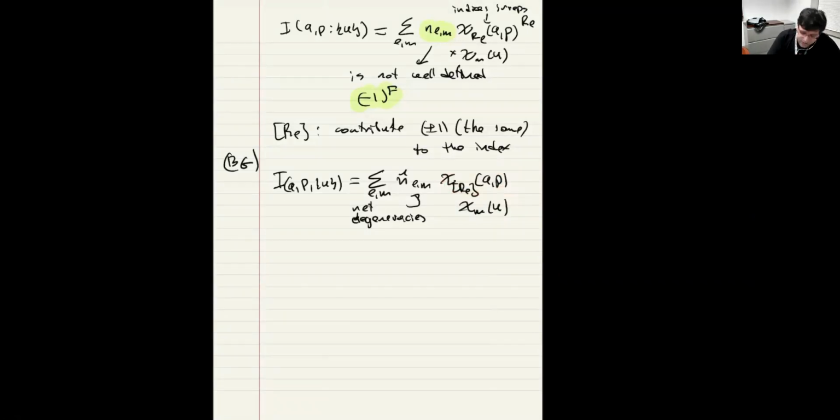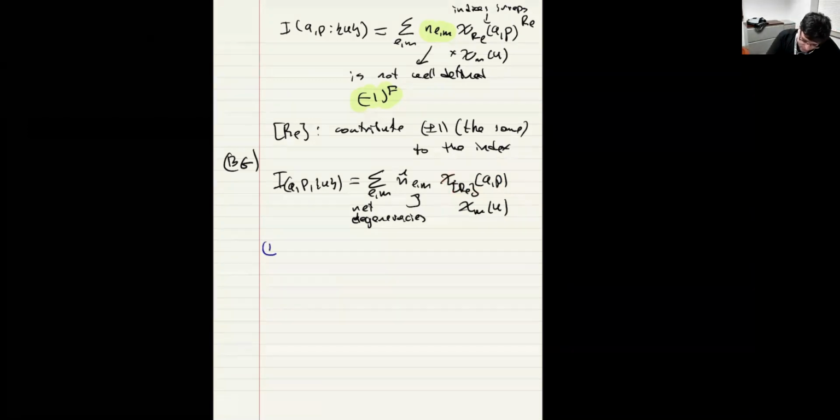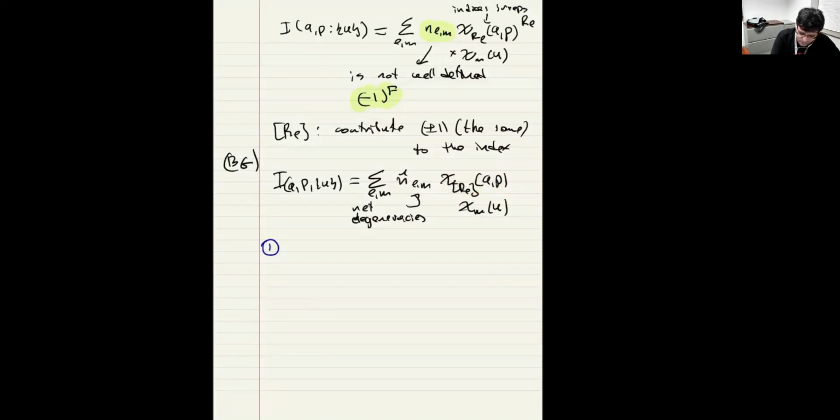So if you look at an index of a superconformal field theory and you compute it with the superconformal R symmetry, again, it's very important that you identify the superconformal R symmetry correctly, and you assume that there are no free fields at the fixed point, that your CFT doesn't decompose into some free fields and an interacting part. Then there are these two very important statements that you can make.